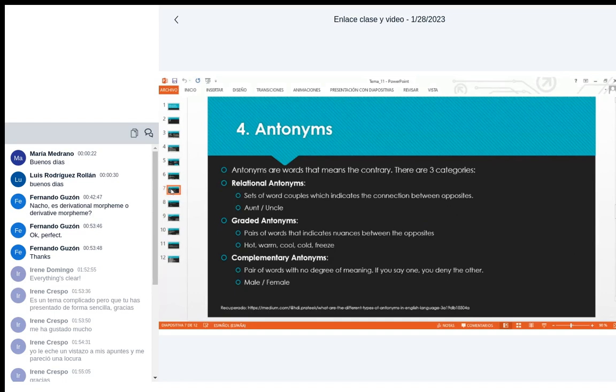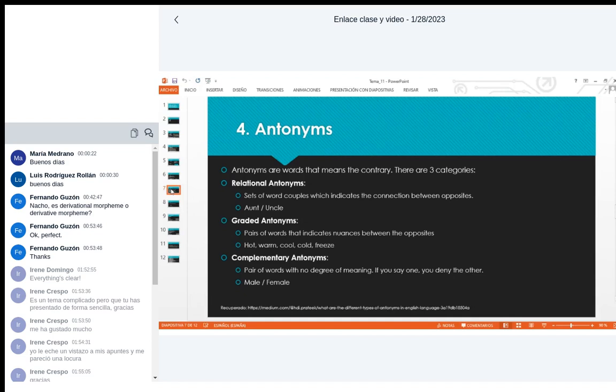For example, if we say aunt, we are saying uncle, and the other way around. So there's a sort of relation between both, but they're not antonyms. They're related, but they're not opposites.